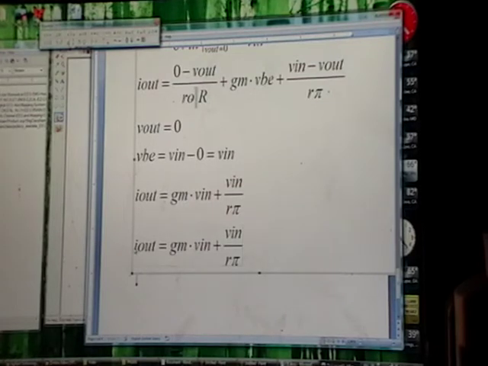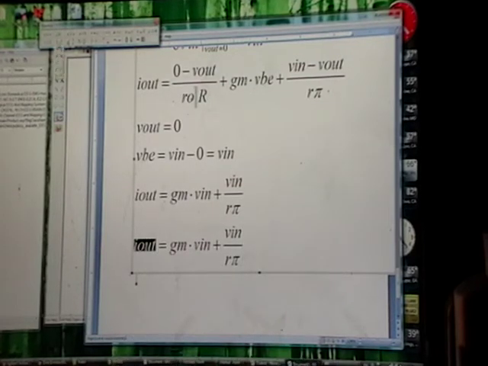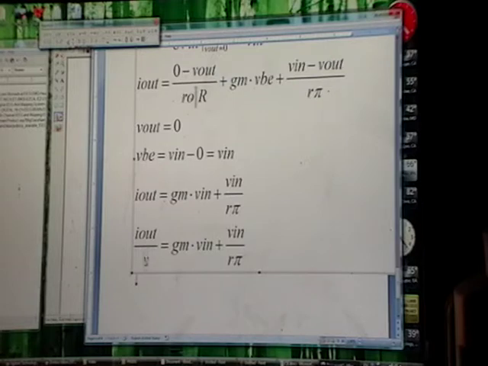If you divide both sides by V in, it disappears from here and disappears from here. And that is what GM equals.